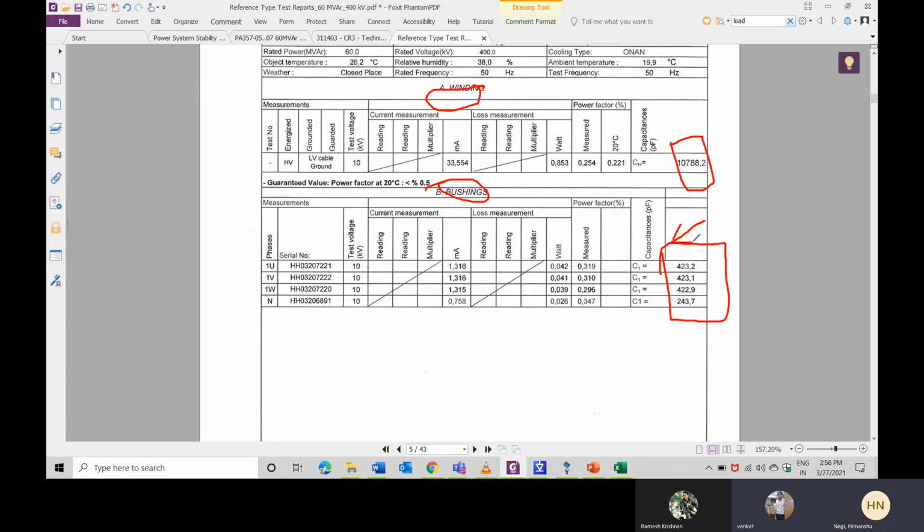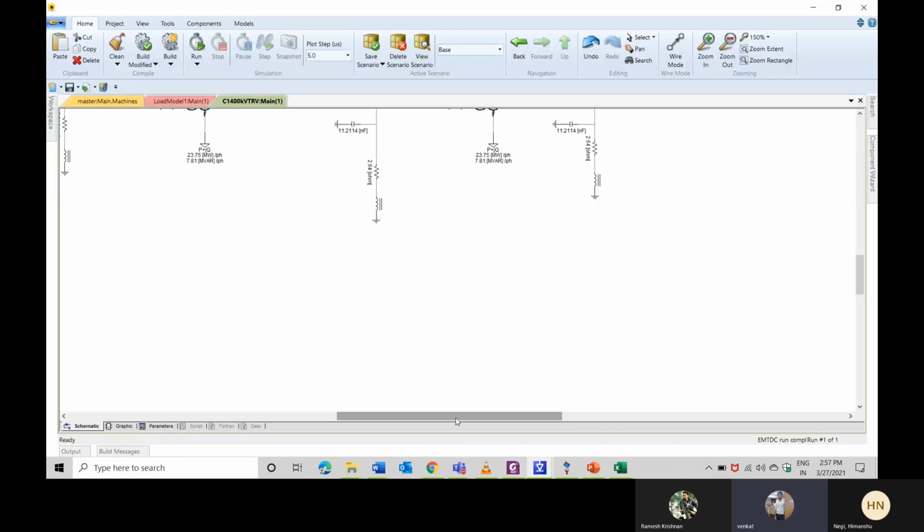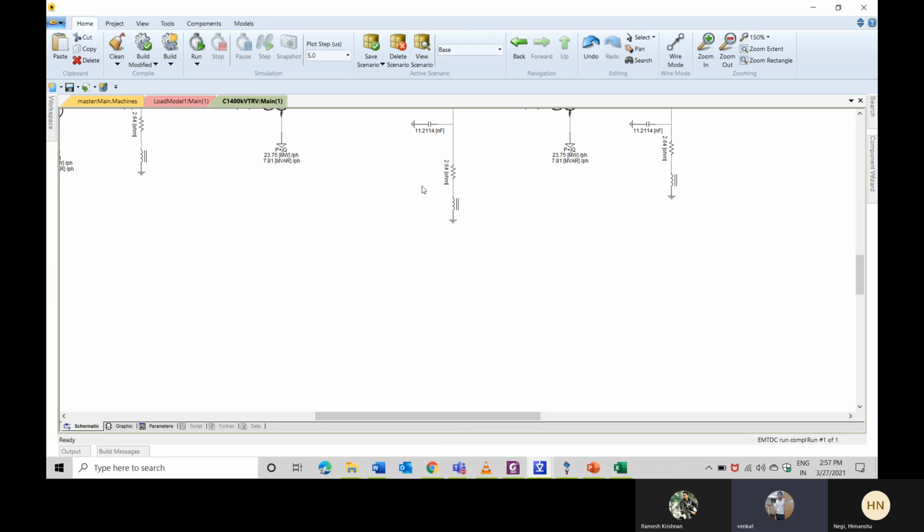We have to get the capacitance values from the customer: the bushing capacitance value and the winding capacitance value. Other than that, we have to get the coil resistance value of the reactor, and the insulation resistance value, to completely model the reactor for different kinds of studies.